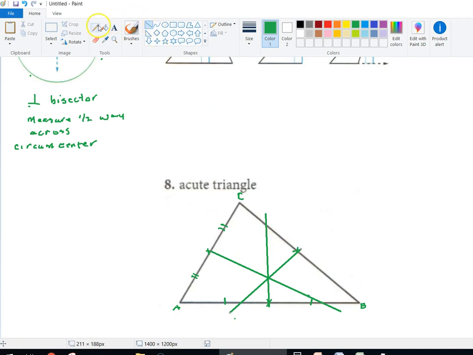Now we'll have our third side done, and these are equal parts also. What does the question ask us? It said copy each triangle, draw the perpendicular bisectors, then make a conjecture. The conjecture is, where is the concurrent point for these three lines? Well, it is in the inside of the triangle.